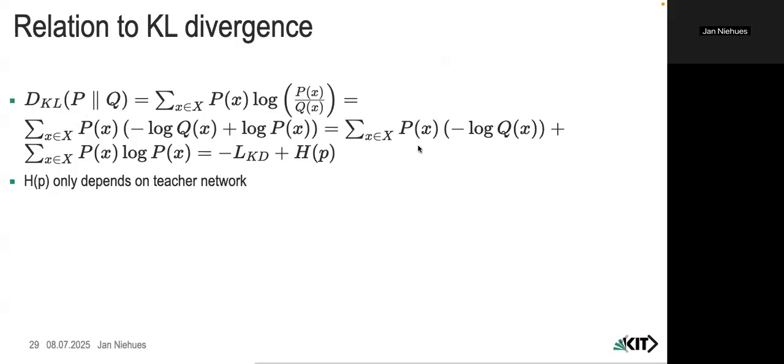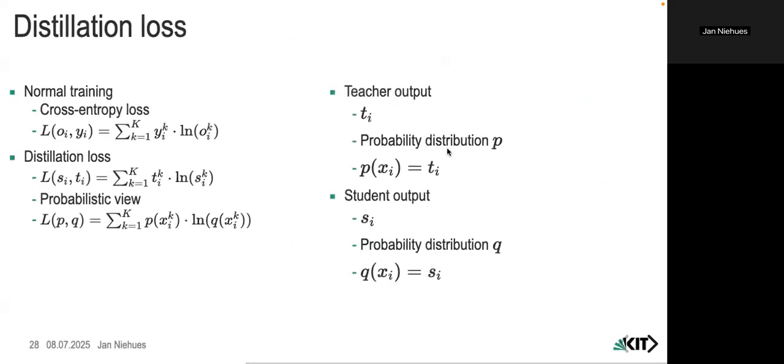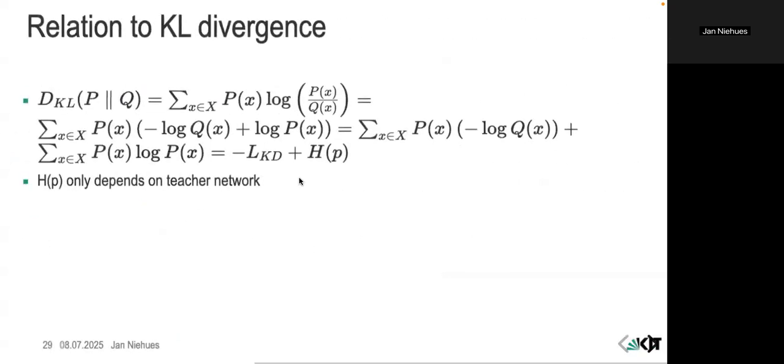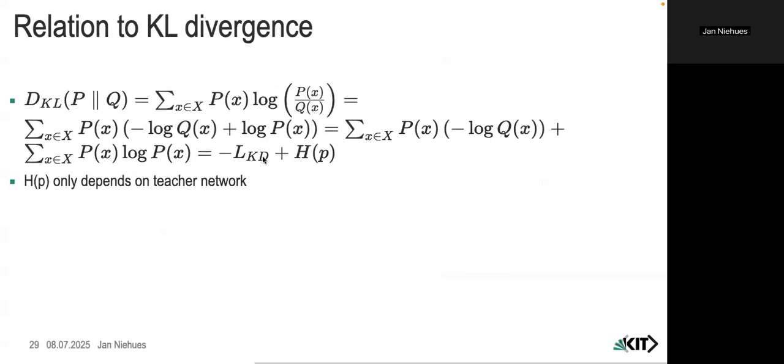Then you can take the P of x separately. And if you then look at this one, what is mainly is our loss we had just before. That's here our loss. So this one we're optimizing, and this is something depending only on the teacher's network. Since the teacher's network, we're not changing, we're keeping that fixed.